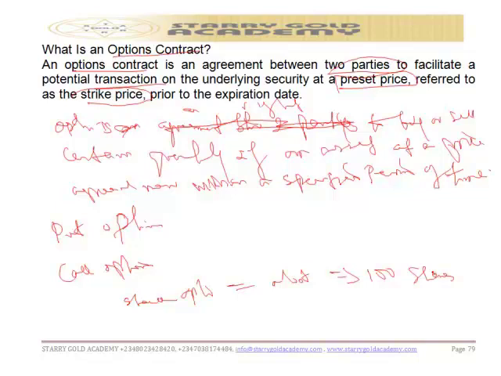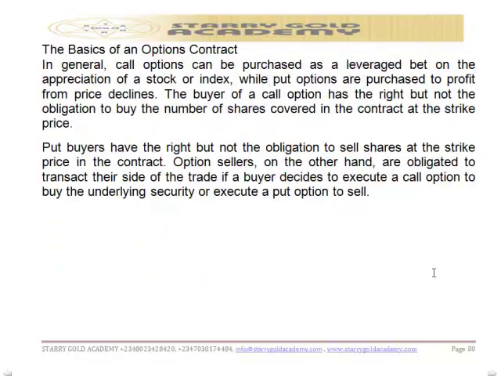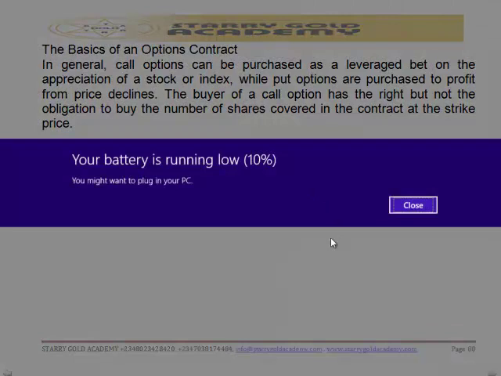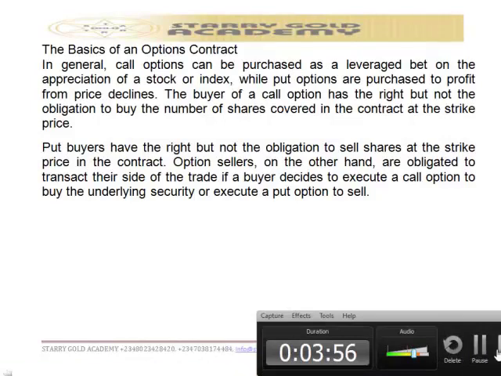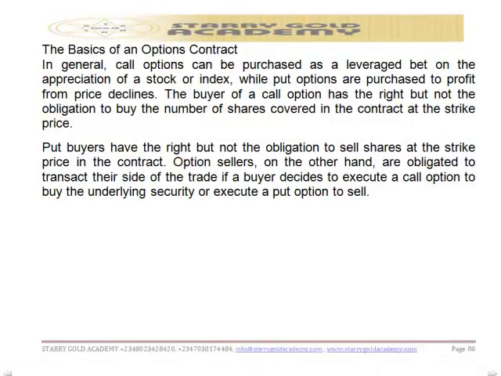Now, let's look at the basics of an option contract. In general, call option can be purchased as a leveraged bet on the appreciation of a stock or index, while put options are purchased to profit from price decline.